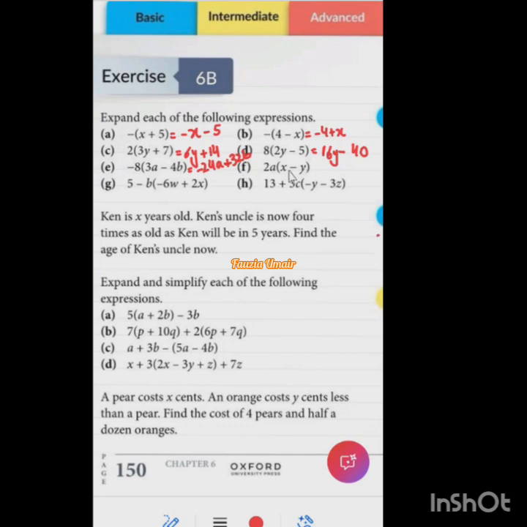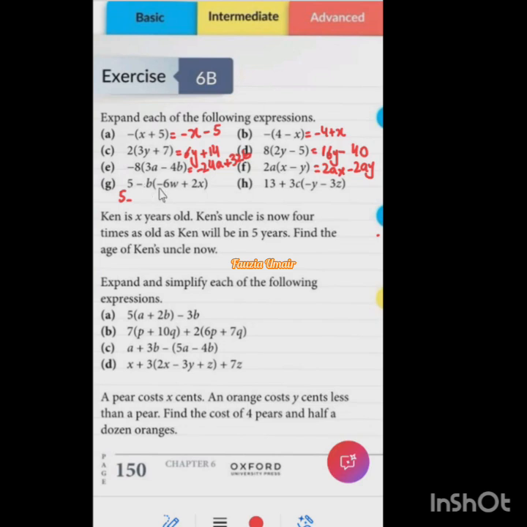All right, so now let's do the F part. 2ax minus 2ay. Excellent. So what about this one? G: 5 minus b times 6. Now there is a minus b outside.